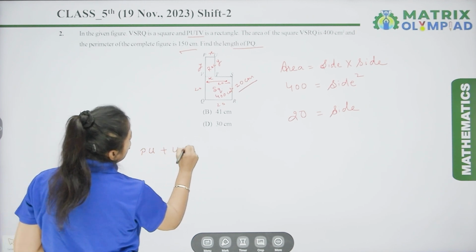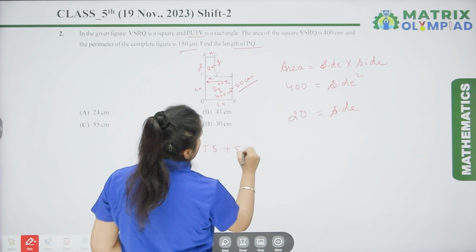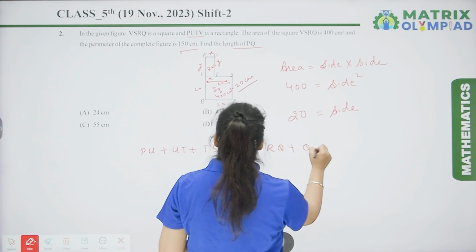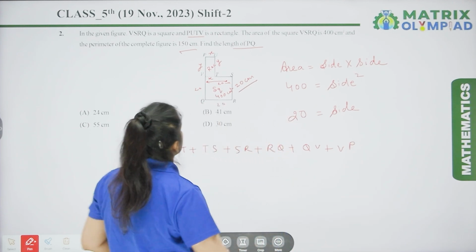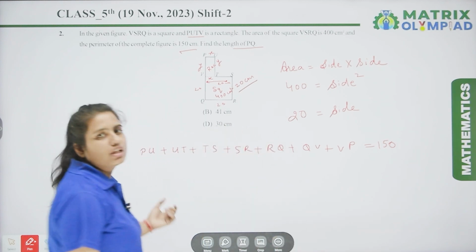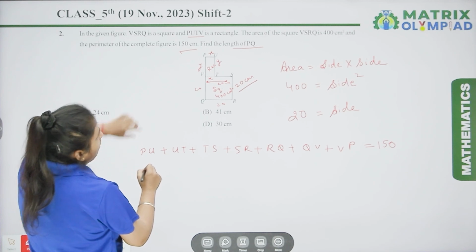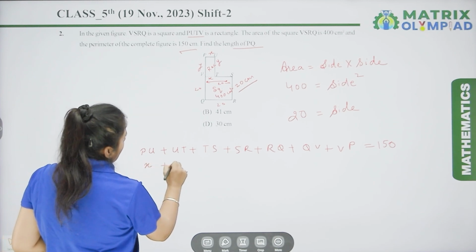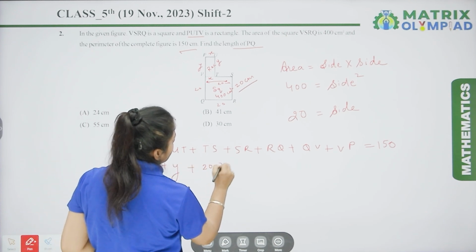PU plus UT plus TS plus SR plus RQ plus QV plus VP, that is equal to 150 centimeter. Now let's place the value. Now putting the value of PU, that is equal to x plus y plus 20 minus x.